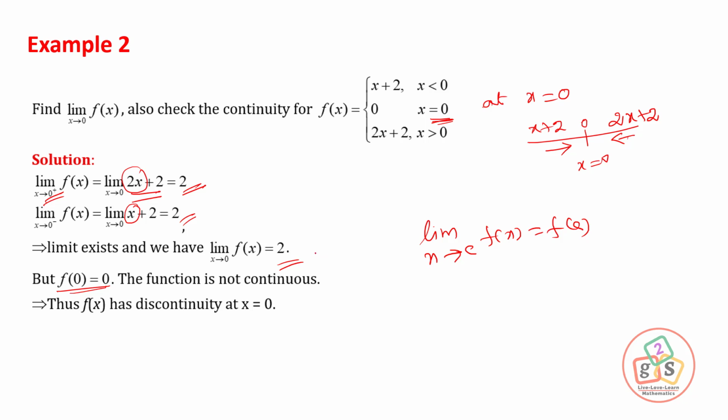Here the limit value is 2, whereas the function value at x is equal to 0 is nothing but 0. So the condition is not satisfied. Therefore, the function is not continuous at x is equivalent to 0. Thus, f of x has a discontinuity at x is equivalent to 0. Not continuity is nothing but discontinuity.